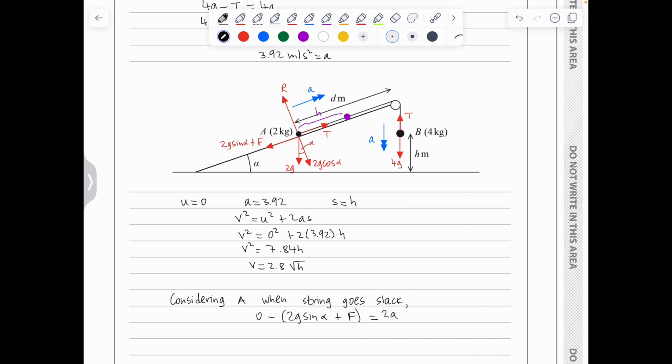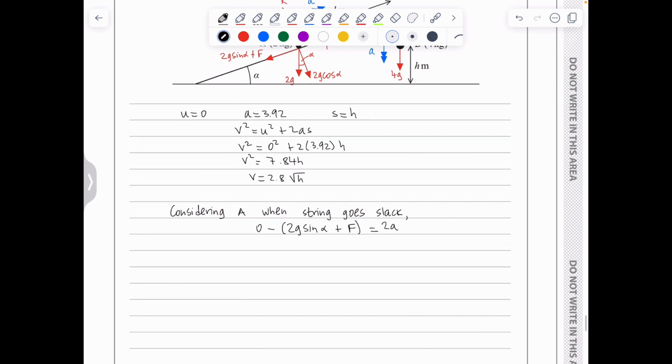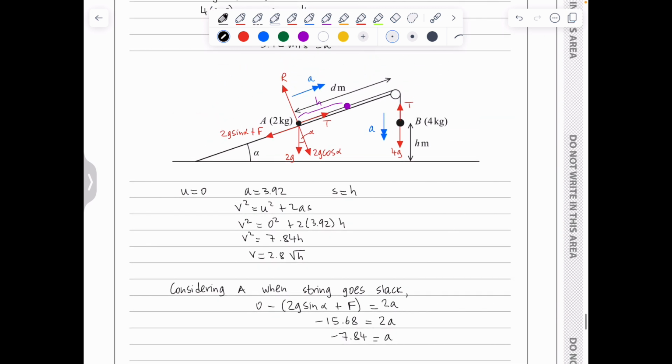Well, we have already found the 2g sine alpha plus F to be 15.68, so minus 15.68 is equal to 2a, which means the acceleration is negative 7.84. We are not surprised that we get a negative answer, because the moment the string goes slack, it is decelerating, because you only have the weight and the friction opposing motion.